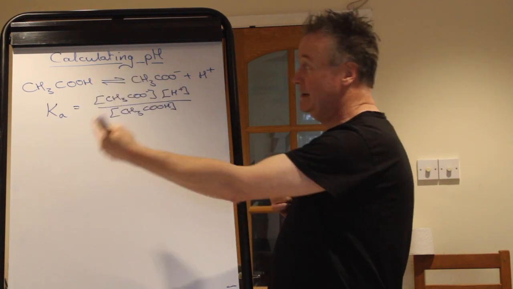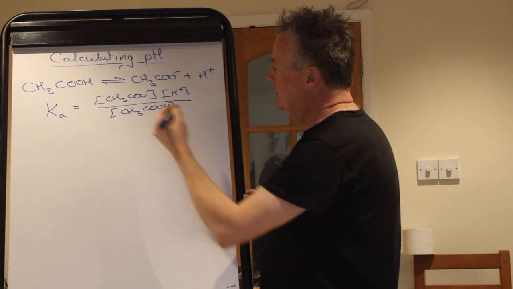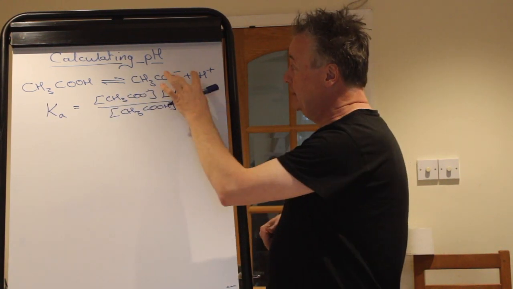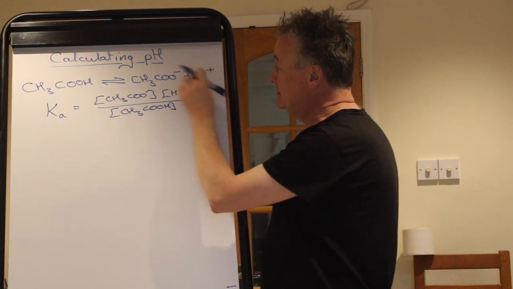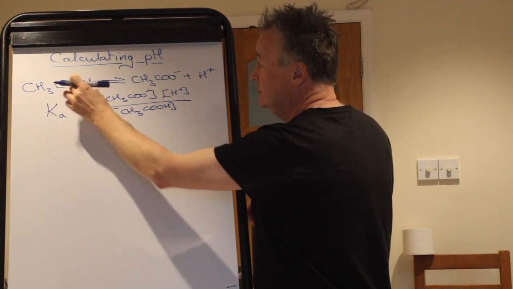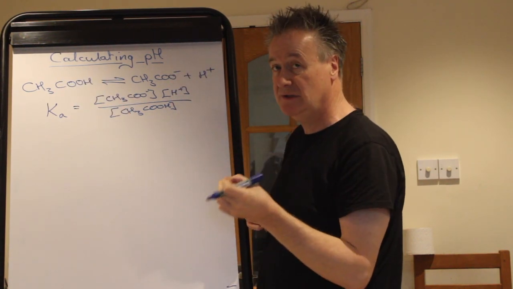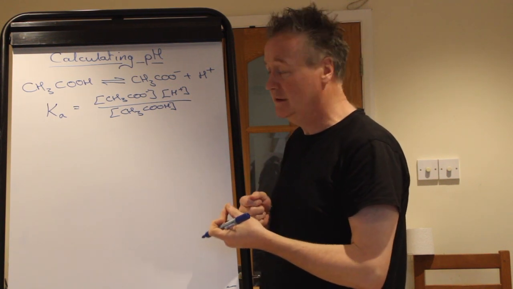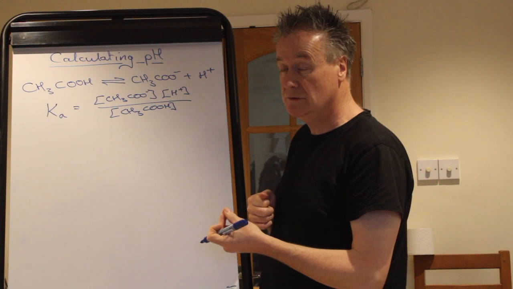The assumption here is that the level of ionisation, which is what coming this way is called, is so small that the concentration of the actual acid itself that is sitting in solution without being ionised has barely changed at all.